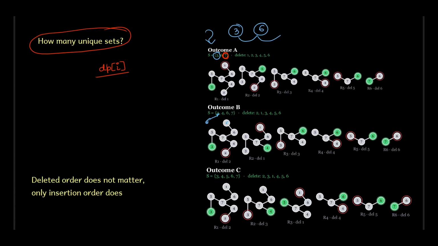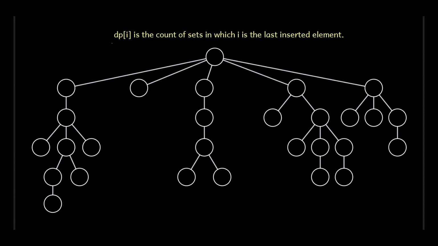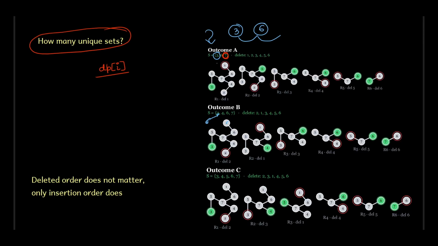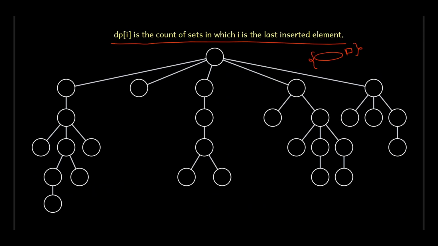Now notice that when you enter the set, what matters is how many elements have already gone in before you entered the set. So suppose right now the process ended at the last node of the tree, which is node 7.